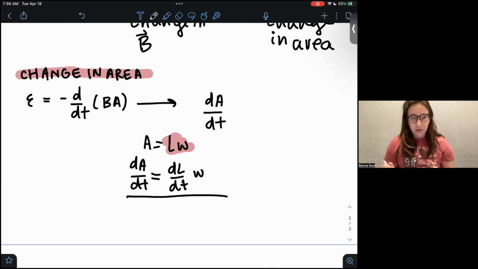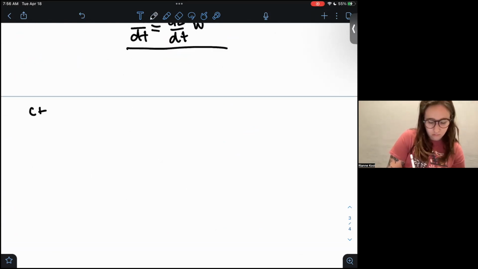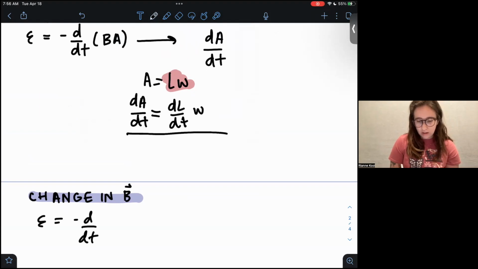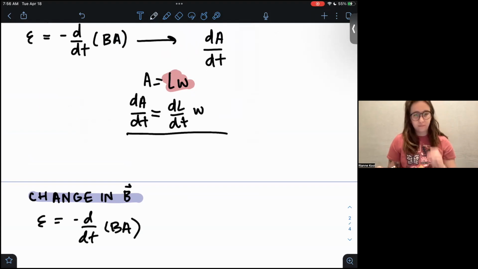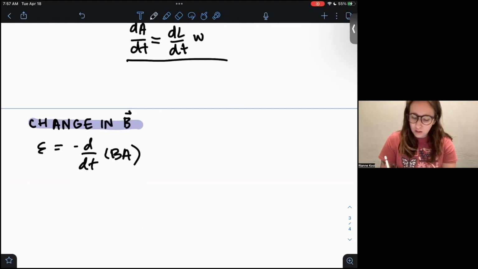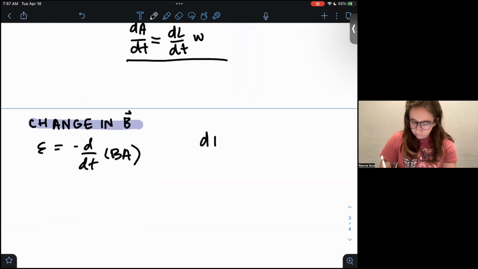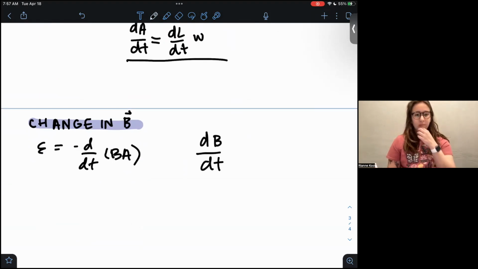Another thing that can change is our magnetic field. So once again, our induced EMF is negative d dt of B times A. But this time we want d dt of B, dB dt. Now this can manifest in a few different ways.